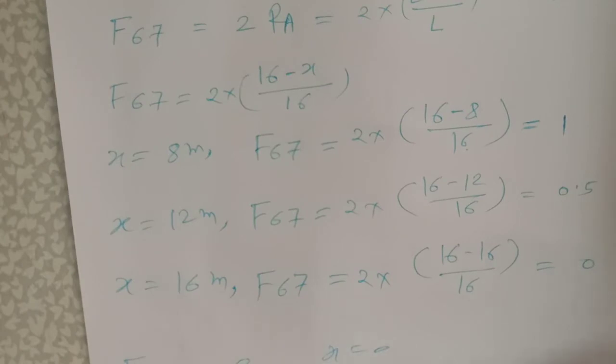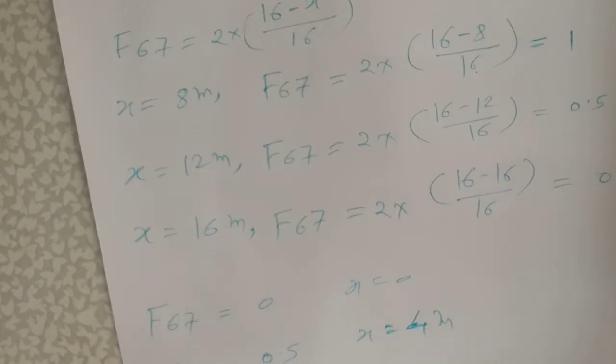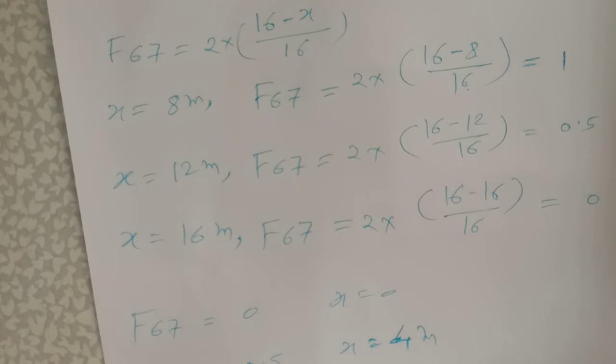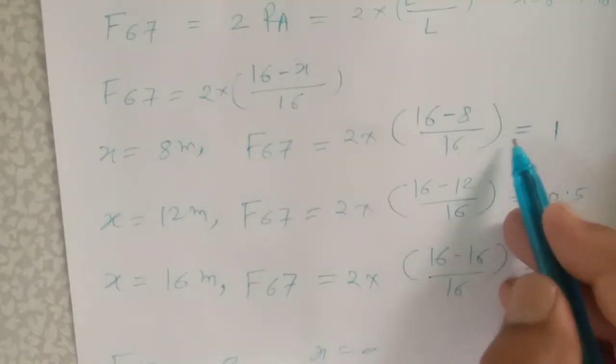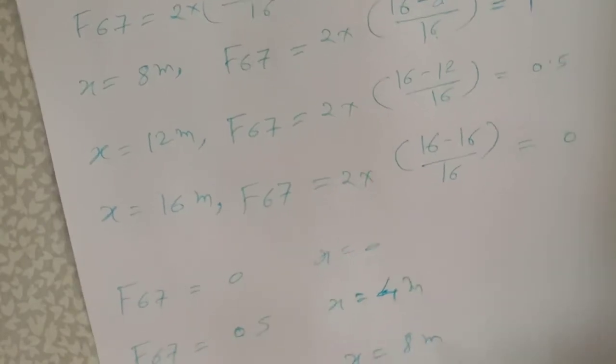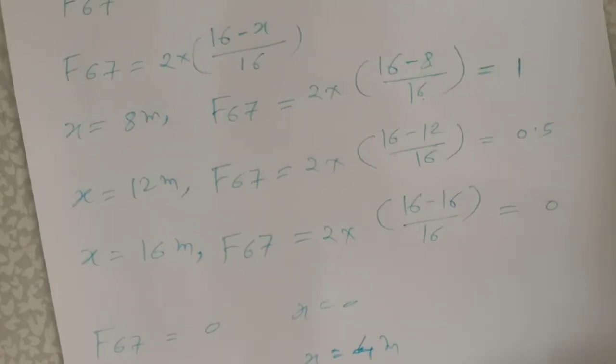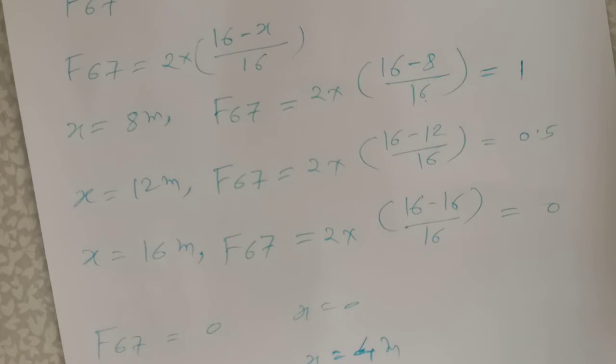Similarly, at x is equal to 8 meter, its value is 1.0. At x is equal to 12 meter, it is again 0.5.